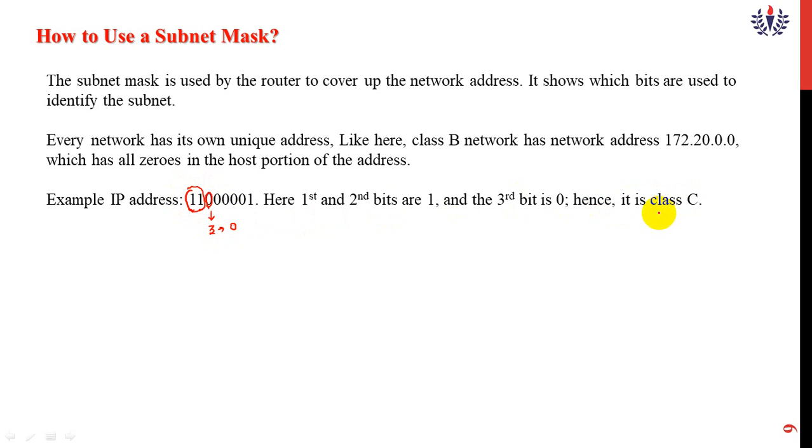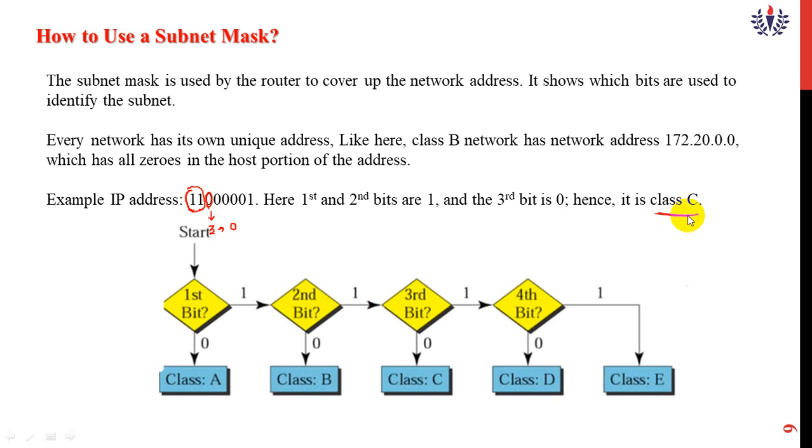Hence, it is known as class C. You see the diagram here. It starts from the first bit, second bit, third bit, fourth bit. So based upon this IP address, this class C will be enabled. It is like an if-else statement.